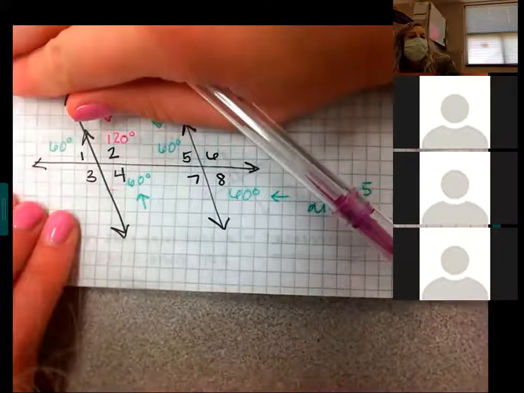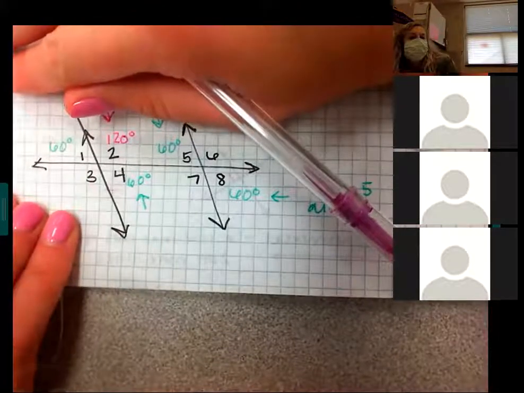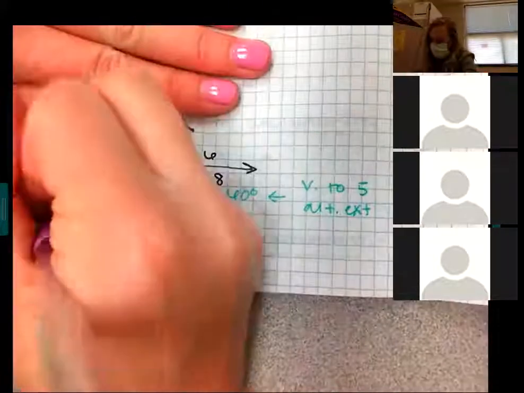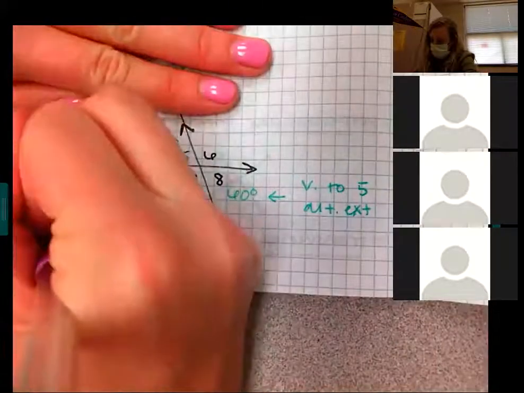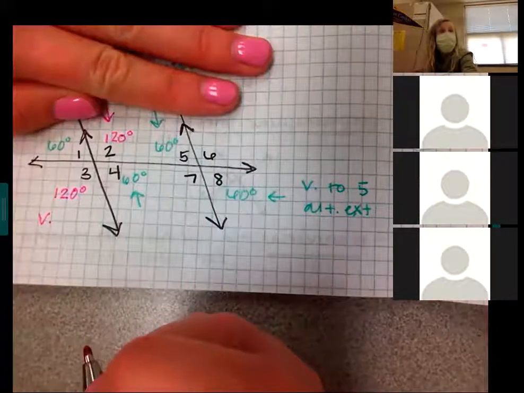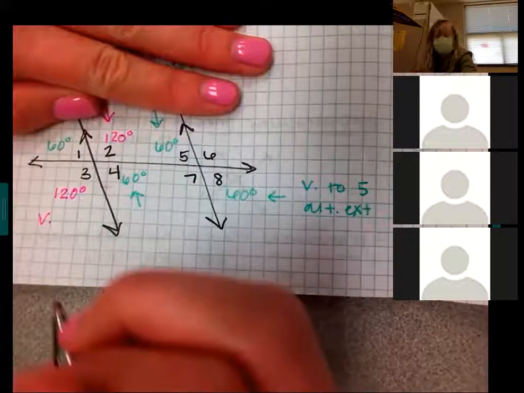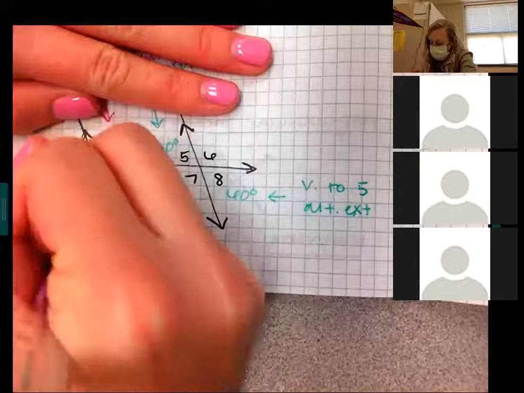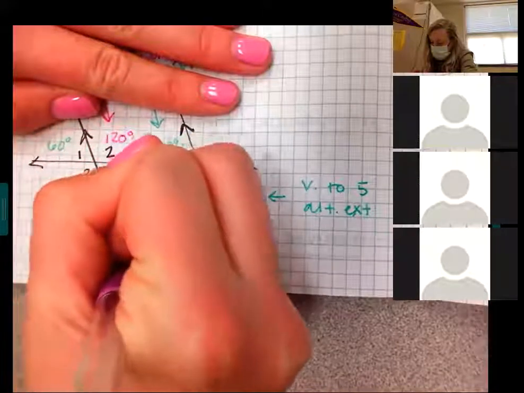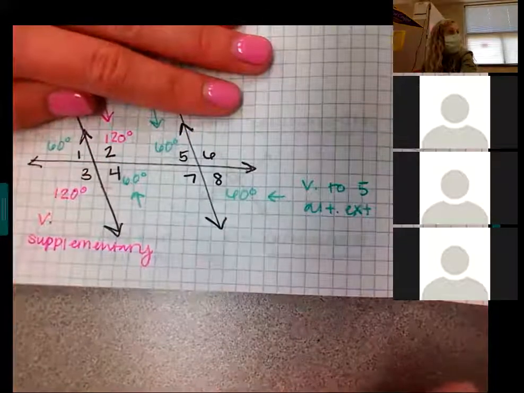So while he's looking, somebody else tell me what else would be 120 in that first intersection. 3, what would the reason be? Vertical, or you could say the word he's looking for. Very good. Vertical, or you could say supplementary. Do y'all get the gist of what you'll be doing on your homework? That means the other ones are 120, right?